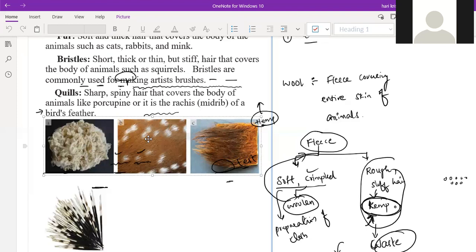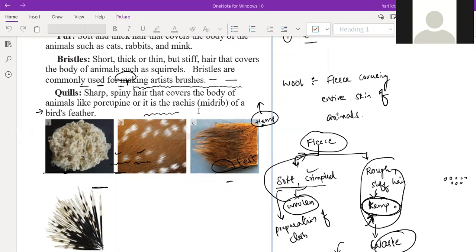Stiff means they will not bend easily. Suppose squirrels have this type of hair, which is used in the preparation of artist brushes. Understood? Sir, have a broomstick, right? It will be like that. The broomstick also has the same thin and stiff nature.